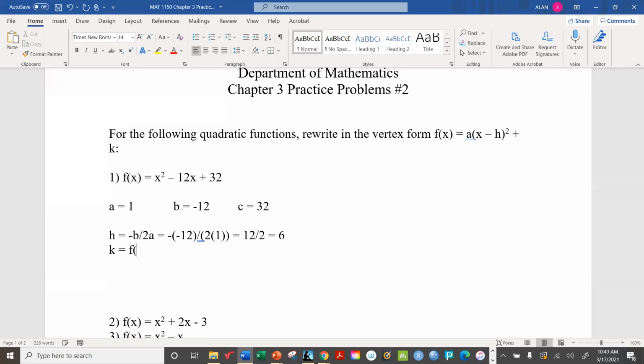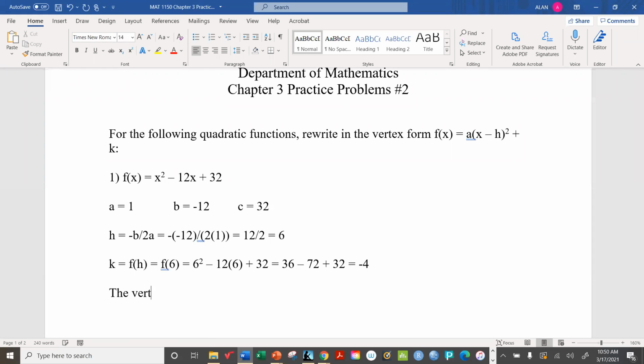K is f of h, which means in this case, f of 6, which means 6 squared minus 12 times 6 plus 32, which equals 36 minus 72 plus 32 equals -4.